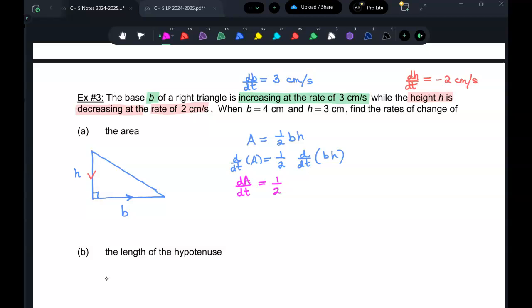What do we get on the inside? The derivative of b, dB dt, times h plus b dH dt.